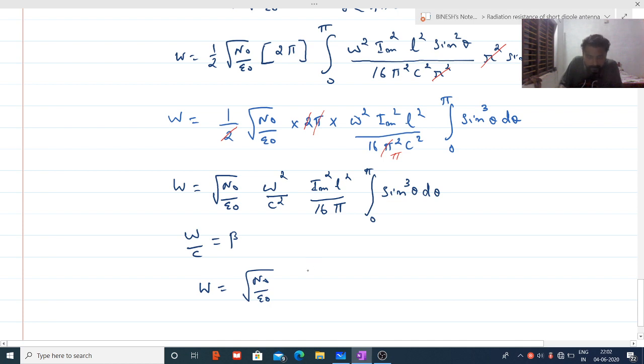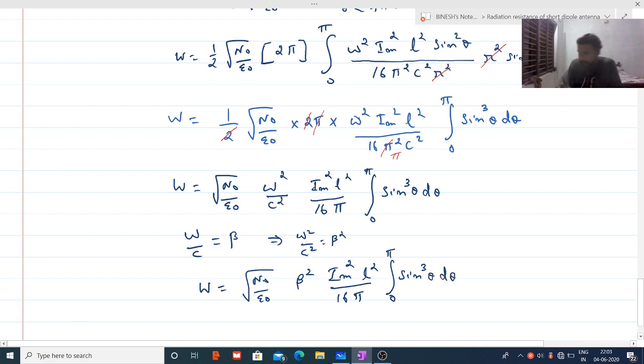Omega by c is beta, so omega square by c square equals beta square. So I write beta square Im square L square divided by 16 pi into integral 0 to pi sine cube theta d theta.